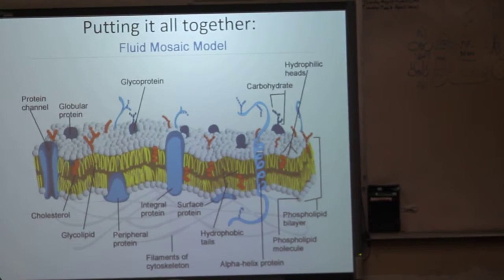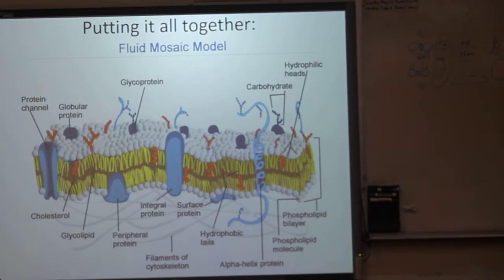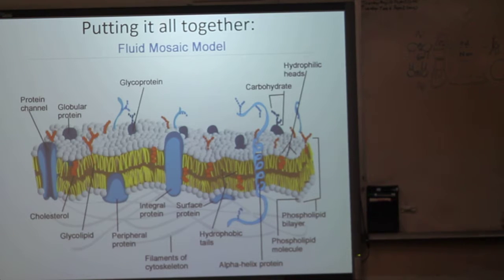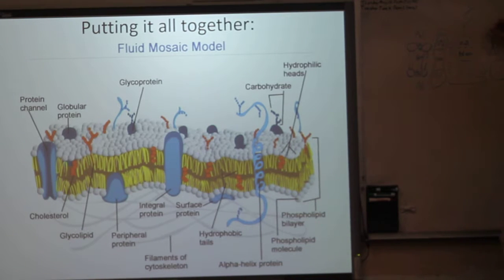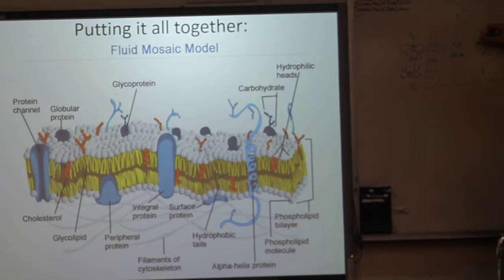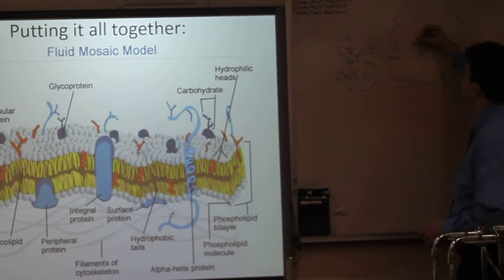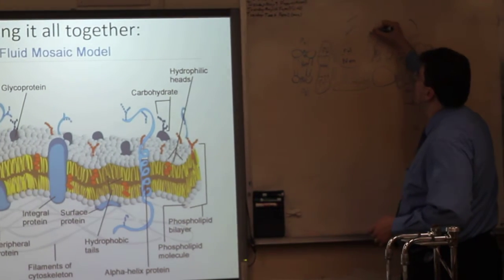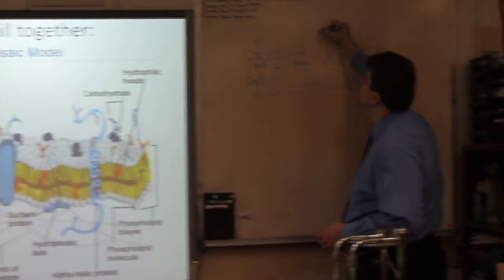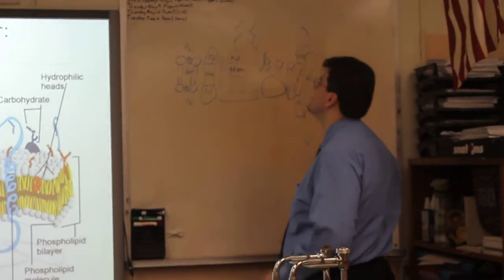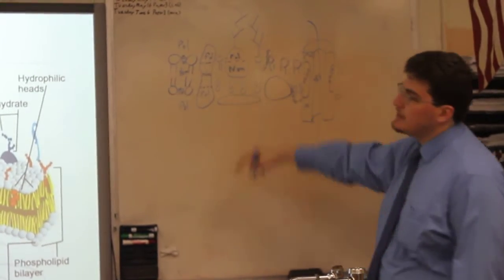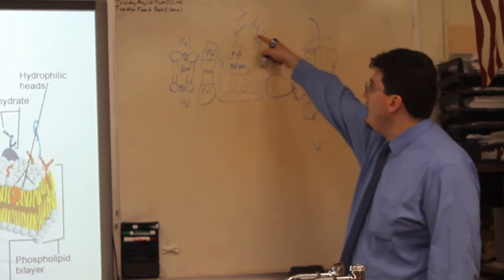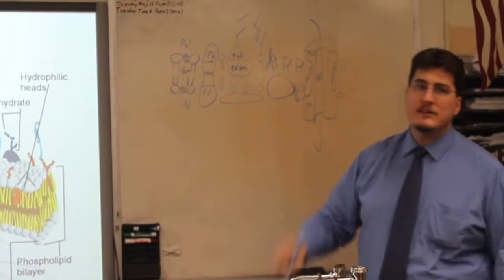That brings us to the idea of the fluid mosaic ring. And by the way, when we want to draw a glycolipid, excuse me, I'm going to draw it like this. I'm going to draw a regular old phospholipid with a glycogen molecule sticking out of it.